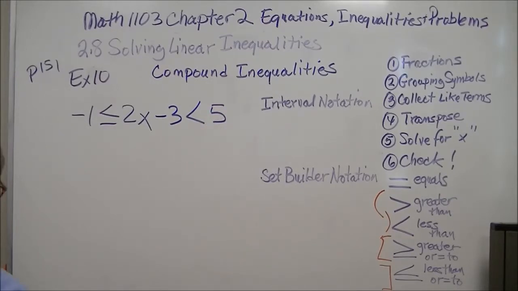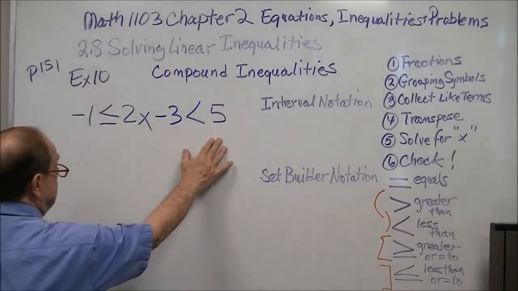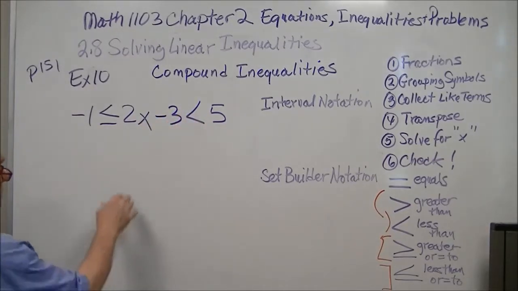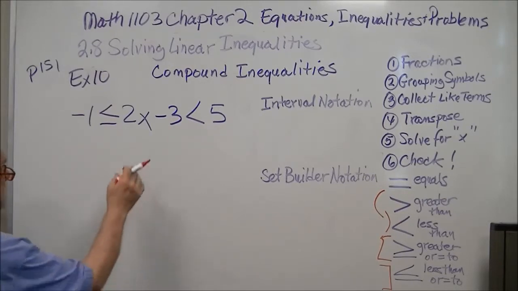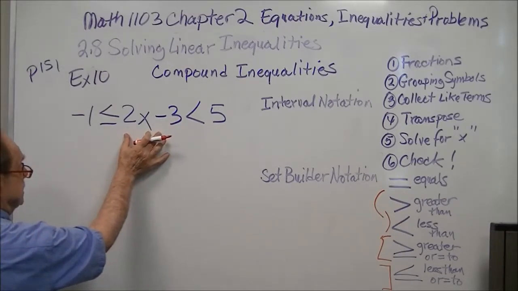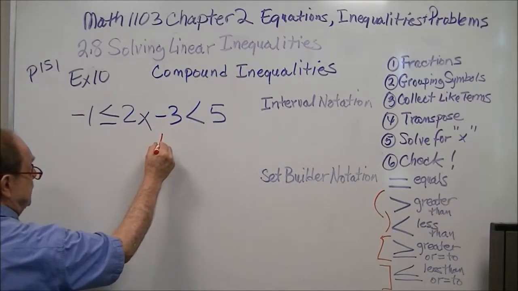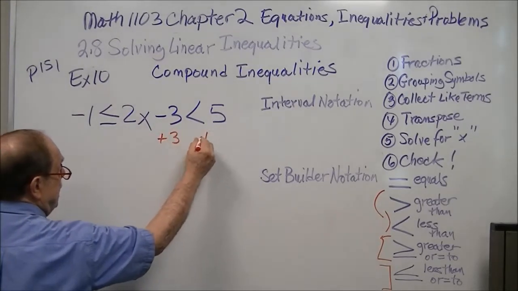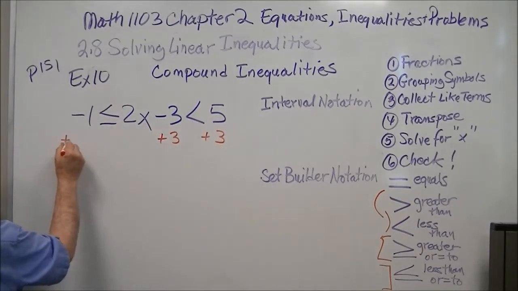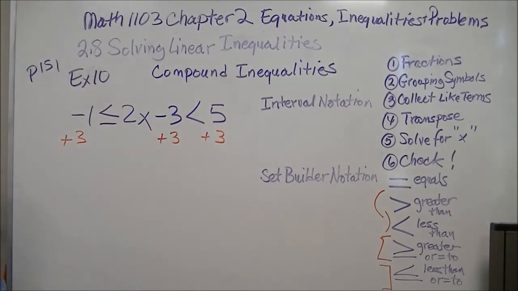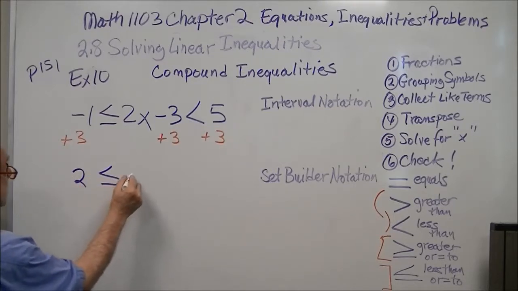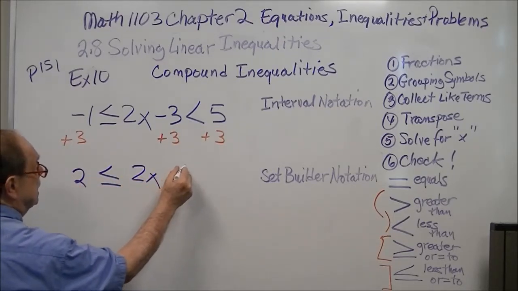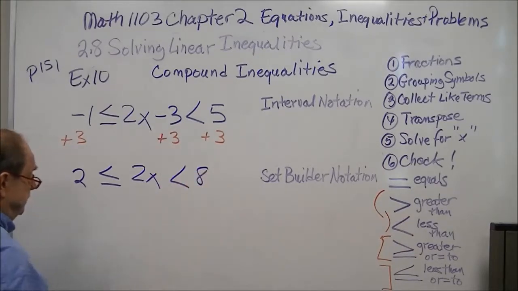Okay, now what we're getting into is actually solving a compound inequality, because we don't have x by itself. So there's a technique, and the technique is to isolate the x. So whatever number is with it, we will add 3 there, add 3 there, and add 3 there. This takes us down to our next step, which will be 2 is less than or equal to 2x is less than 8.